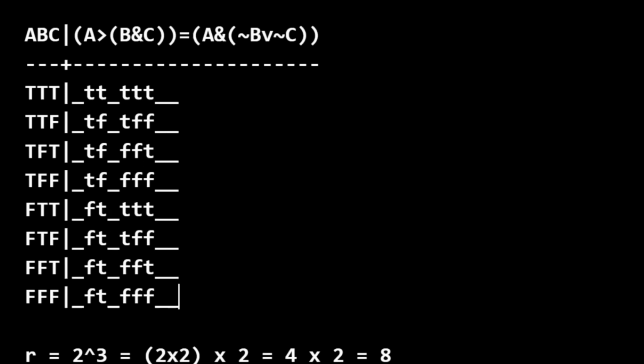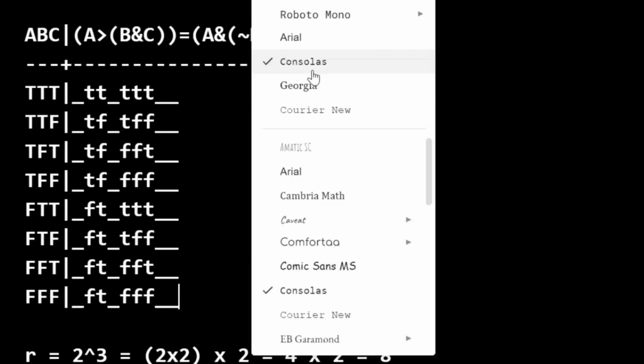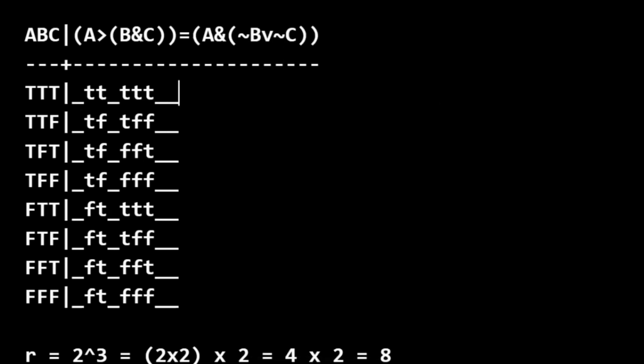And notice how we are adding a second character here with the Consolas font. These underscores are elided together, so it looks like it's all one big underscore.